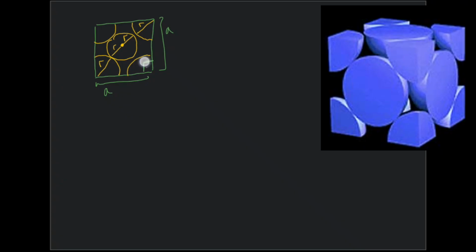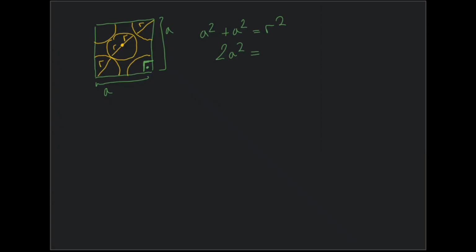These two sides are perpendicular to each other. And A squared plus A squared equals the hypotenuse squared. So 2A squared equals, not R, sorry, (4R) squared.